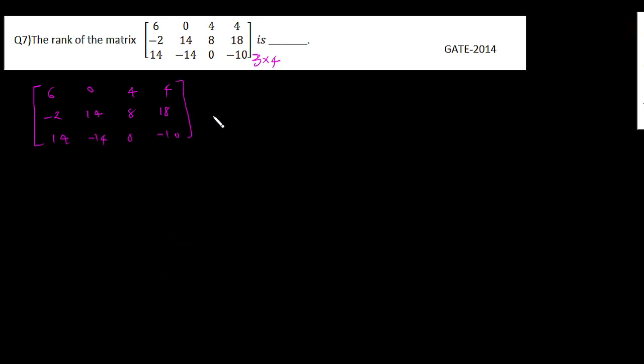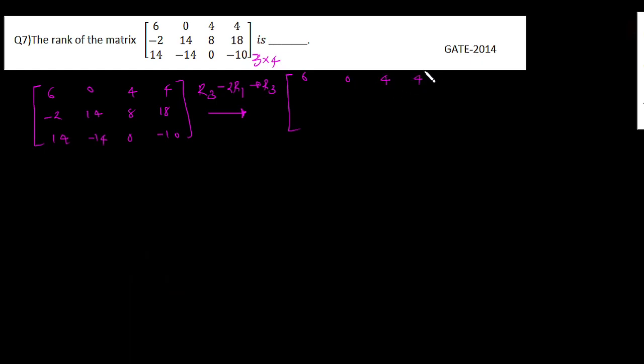Now what we are going to do is multiply the first row by 2 and subtract it from the third row. So R3 minus 2R1 becomes our new R3. Let's do this operation.